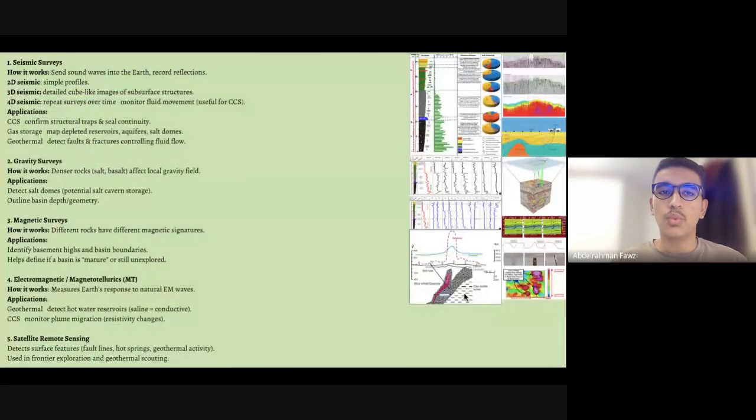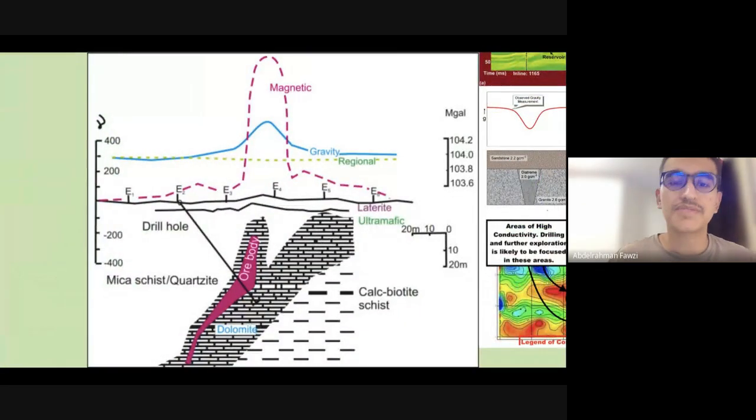Now we need magnetic surveying. Why is that? Because sometimes we might have rocks that have low density, but we cannot differentiate them from the sedimentary rocks, from the shale, and from the tight rocks, rocks that have no pore spaces.